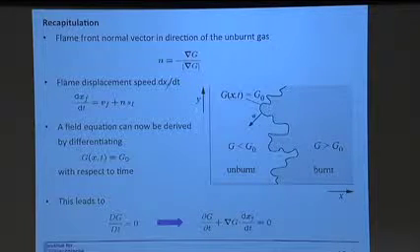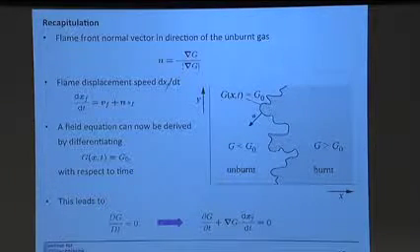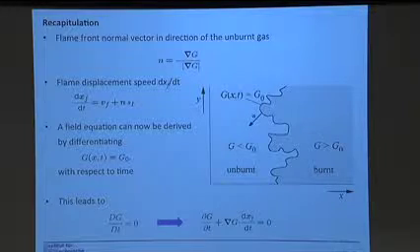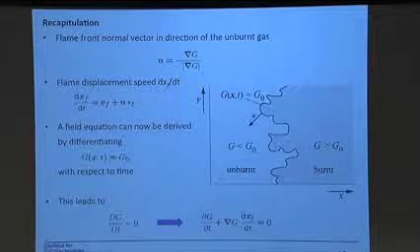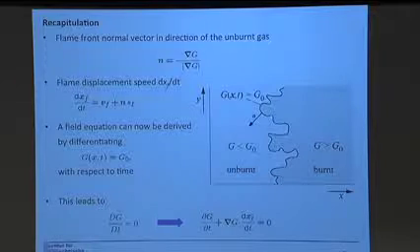Okay, and this is just a repetition of what we did earlier. We introduced this normal vector here, and we said the flame moves by the background velocity that moves things around, and the laminar burning speed.